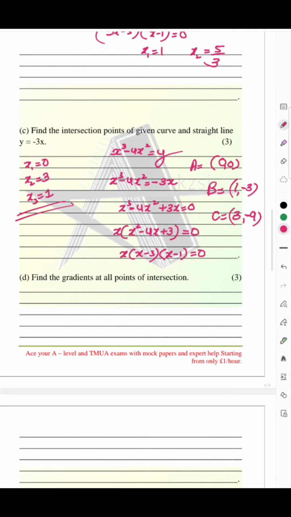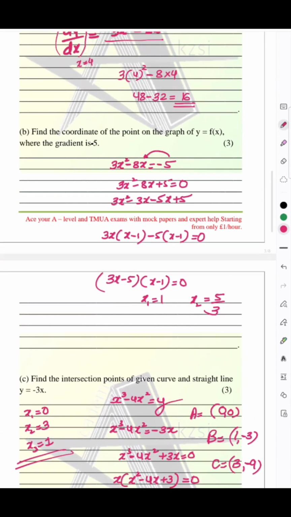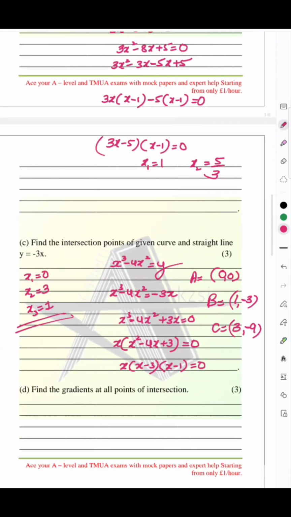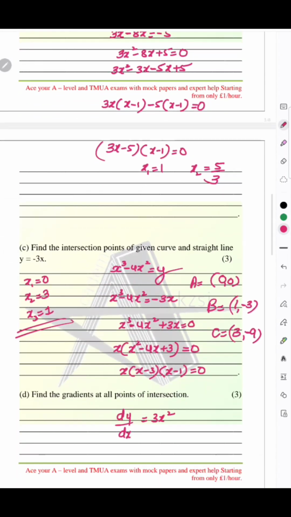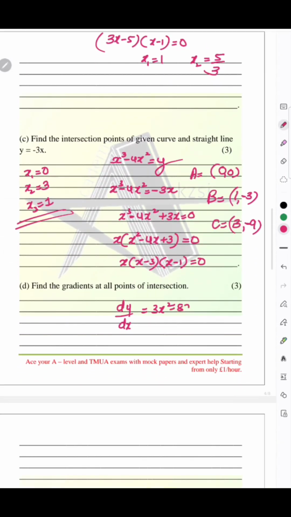Part D said find the gradients of all the points of intersection. So we already have this gradient function, which is 3x squared minus 8x. And we have to calculate the gradient at all these points. That means dy over dx at x equals 0 will give me 0.